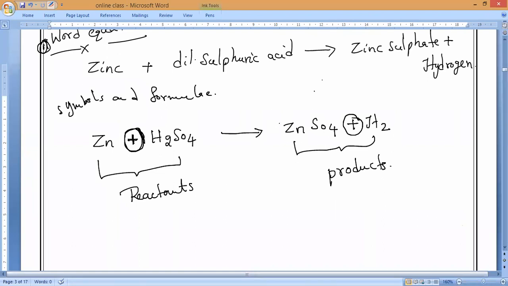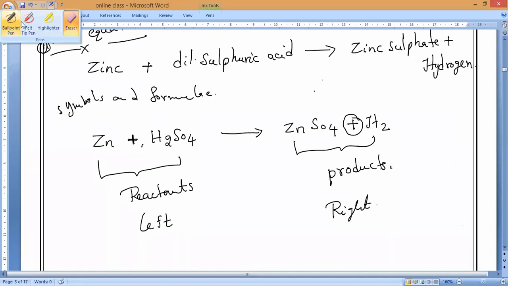So always remember, we write the reactants on the left side and the products on the right side. In the middle we separate them with an arrow mark. So before the arrow, reactants; after the arrow, products. If there is more than one reactant or product, we separate them with a plus symbol. That is what you have to remember. This is the first step of writing a word equation.